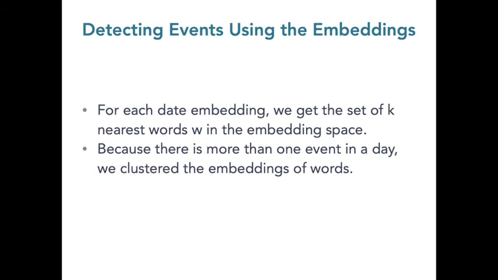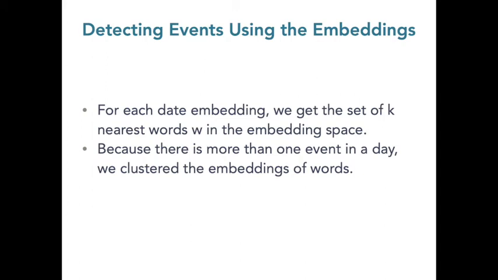Our study has 3 different experiments in the evaluation phase. For the first experiment, and the most major experiment in our study, we take a certain number of dates, and for each date, we get the set of k nearest words in the embedding space. Because we get 10 different words for each date in this particular study, k would equal 10.